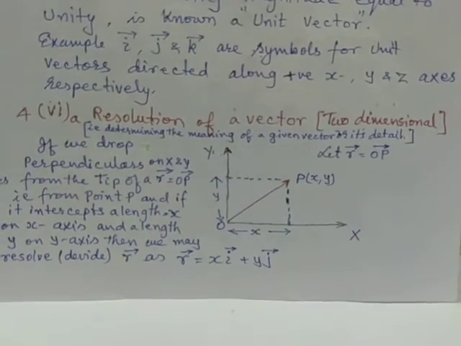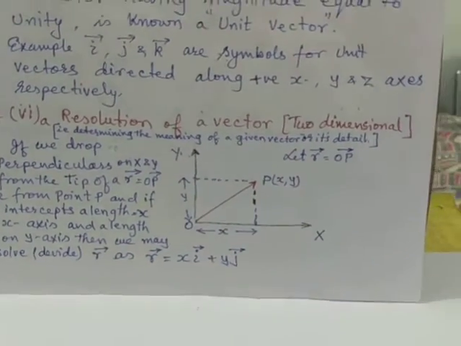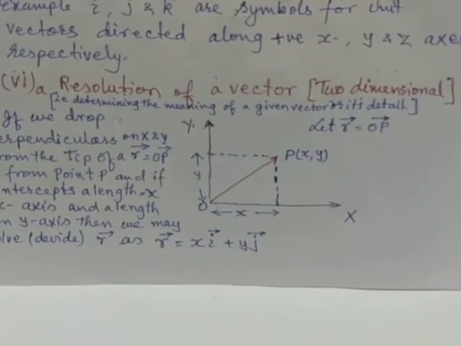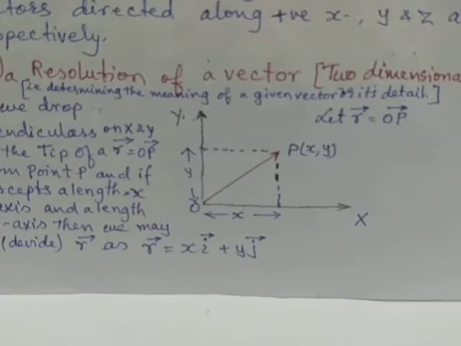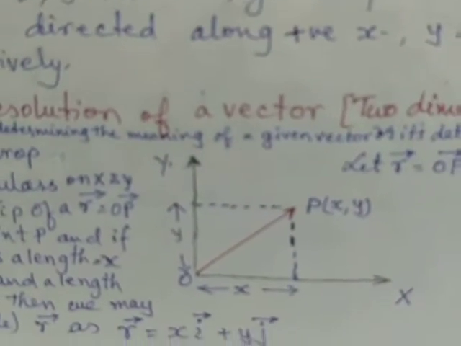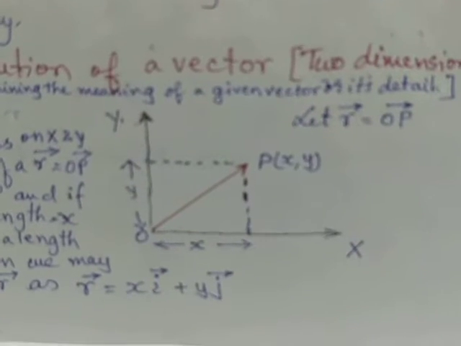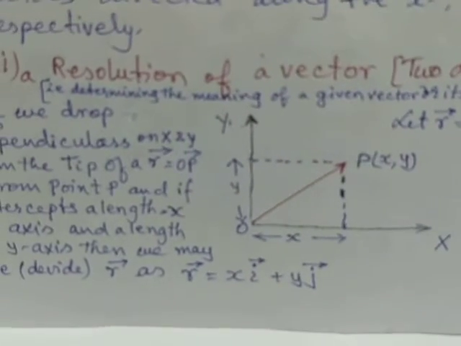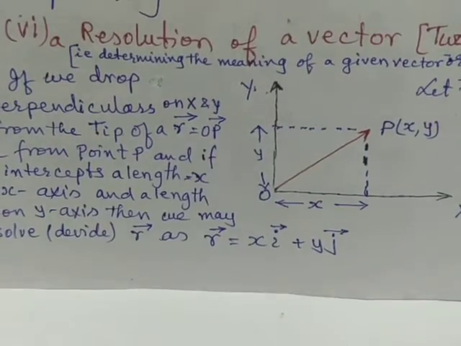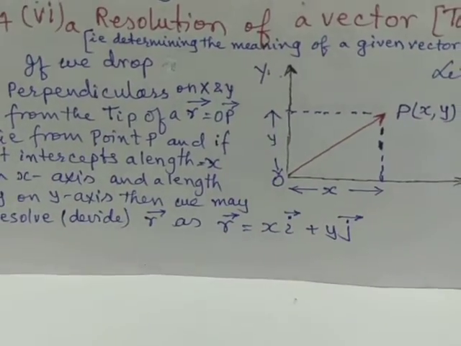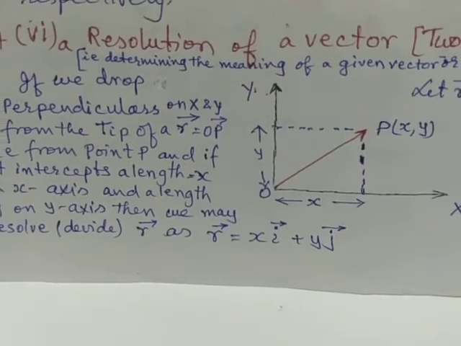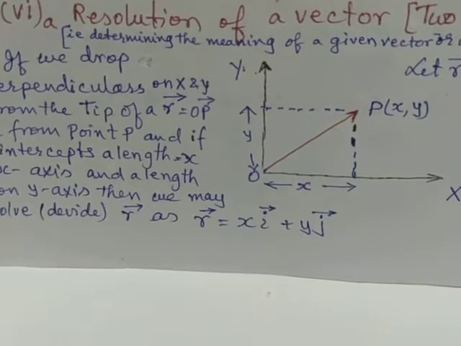Now how are we going to resolve a vector, meaning determining the details of the given vector? The process is: you take the vector, say it is OP, then we drop perpendiculars from the final position and initial position of the vector.